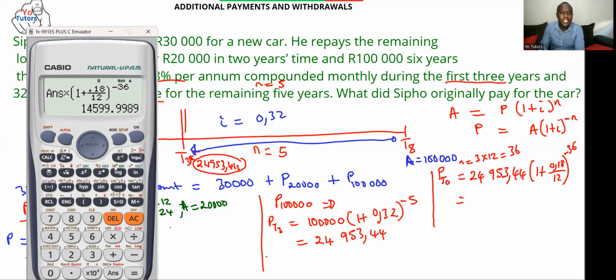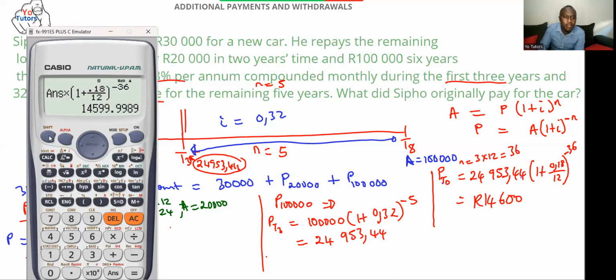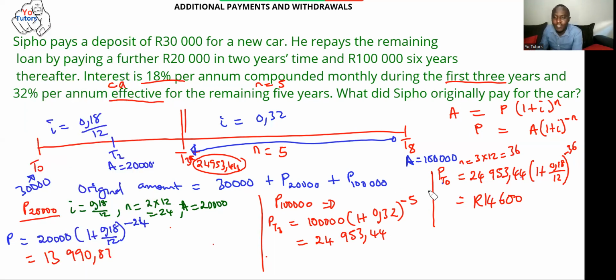Let's see what we're getting there. 14,005. So it's just going to round off to 14,600. So it's 14,600. Okay, so we can just round off that. And let's just store that in shift store E again, because we have used it. You can put it anywhere.